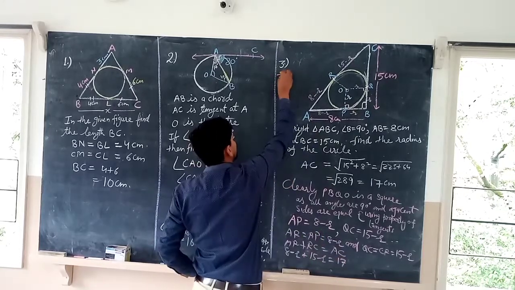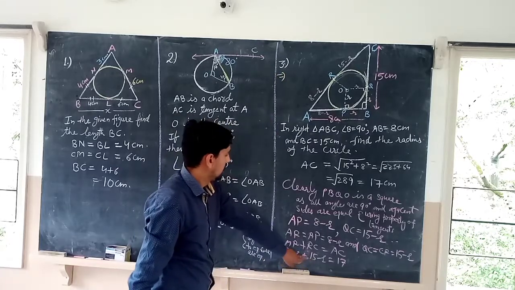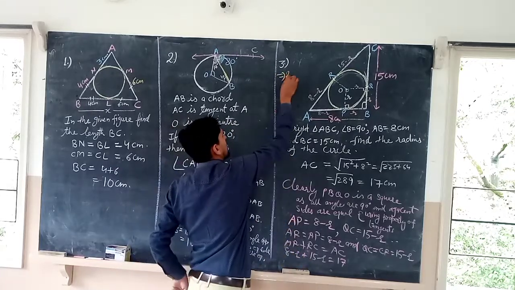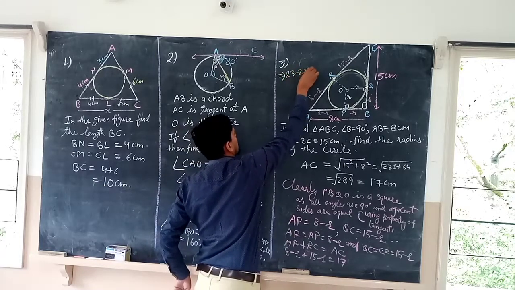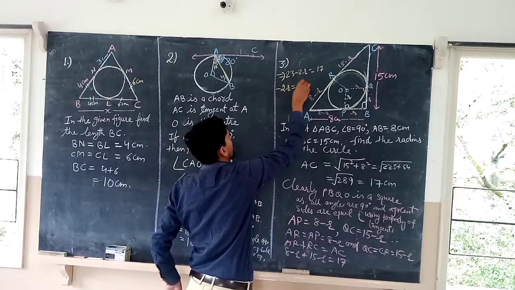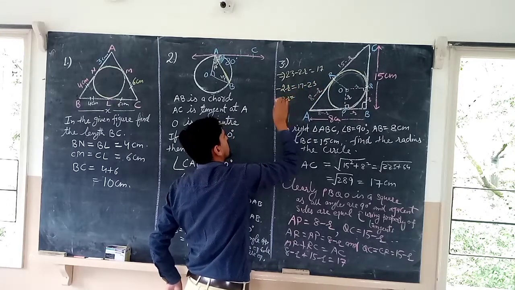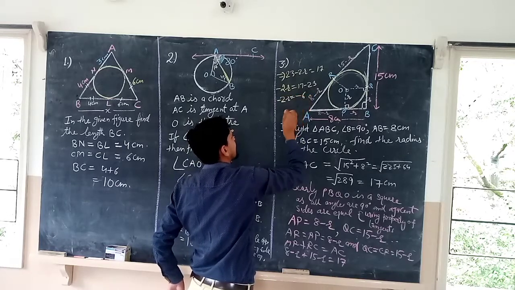This implies 8 plus 15 is 23, minus 2R equals 17, minus 2R equals 17 minus 23, minus 2R equals minus 6, R equals 3 cm.